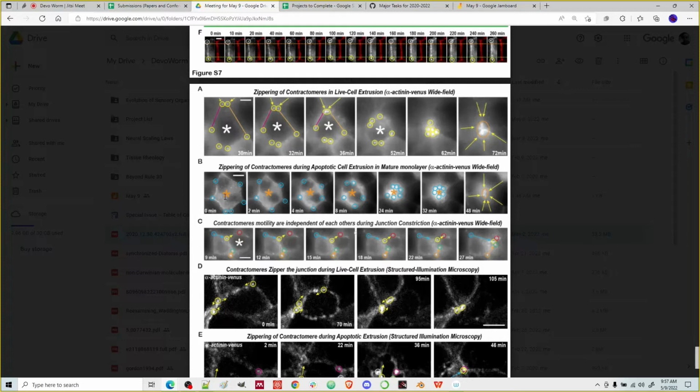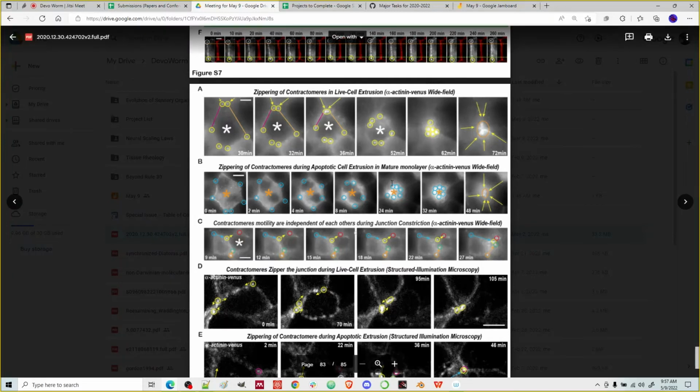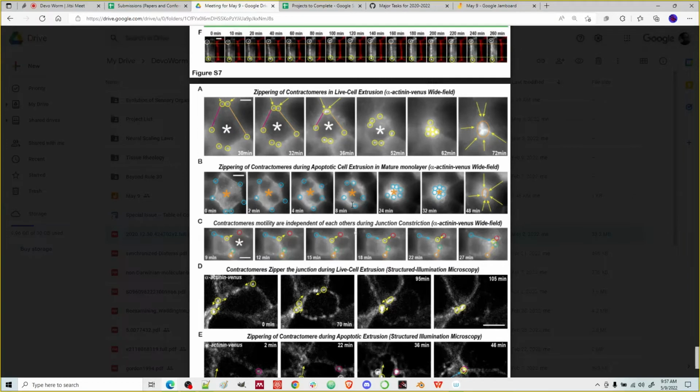And when a cell dies in the middle of other cells, it's a confluent tissue, so it stays together. There isn't a hole in the tissue. Right. And this is kind of how it closes the gap. Okay.